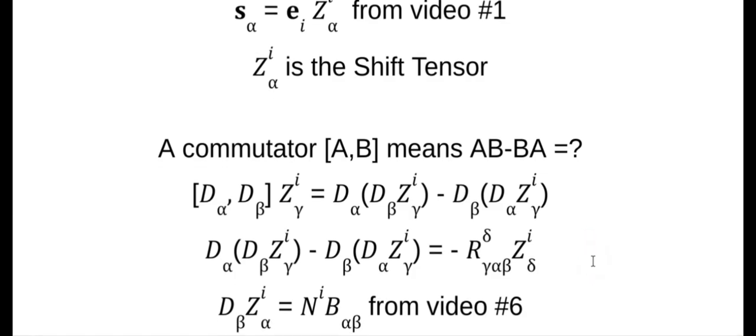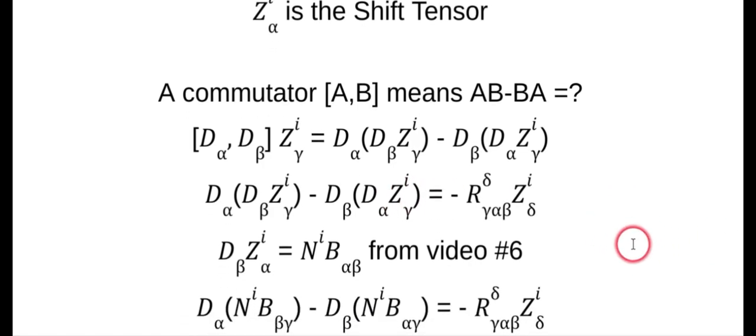Okay. From video number 6 in the series on the curvature tensor, we defined this thing. The covariant derivative of the shift tensor can be equal to the components of the normal vector times the curvature tensor. So this is the first time we saw the curvature tensor. It was in the very last video, number 6. So now we can take this expression and put it right back in here after we juggle some indices.